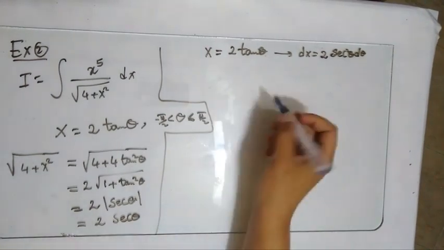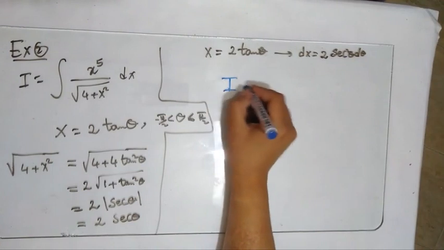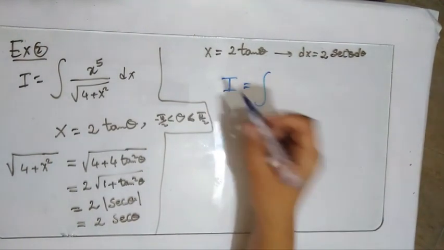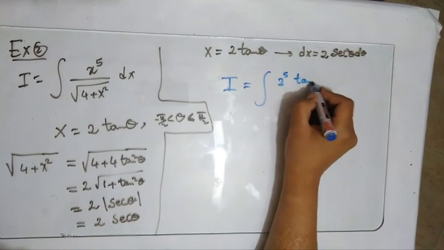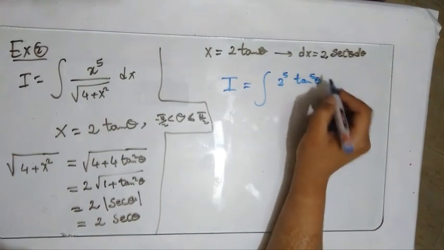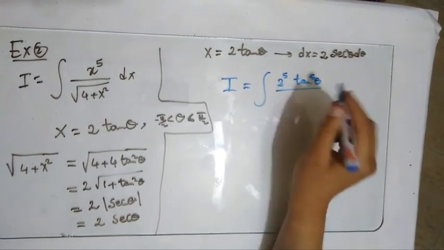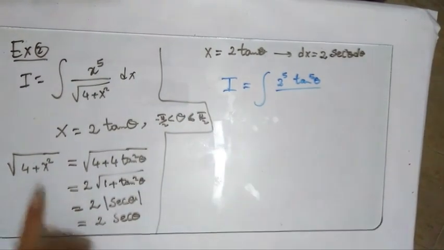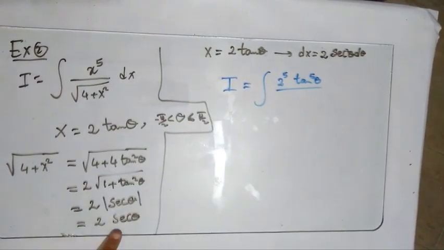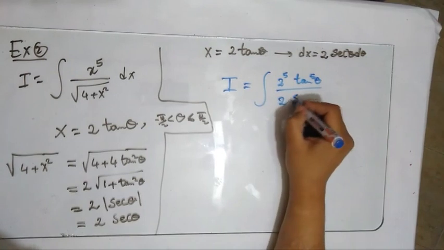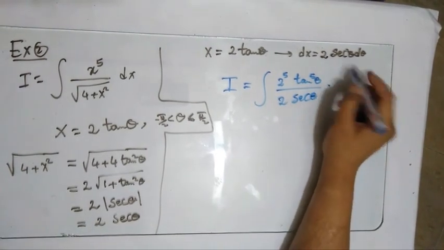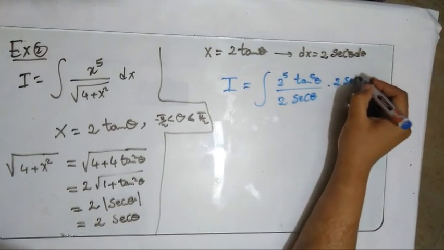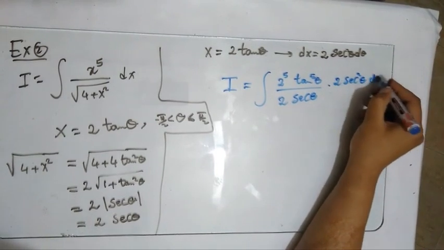So our integral will be the integration of x to the power 5, so we will have 2 to the power 5 times tan to the power 5, over the square root of 4 plus x squared, which will be 2 sec theta, times dx, which is 2 sec squared theta d theta.